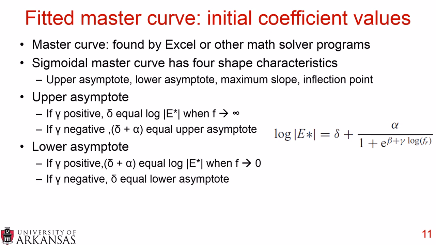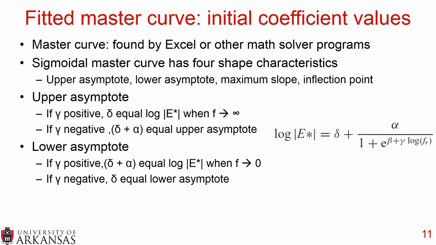Now taking a look at the lower asymptote, if gamma is positive, delta plus alpha equals the log of the dynamic modulus when the frequency goes to 0. However, if gamma is negative, delta equals the lower asymptote. So you can see some trends here with the upper and lower asymptote and how we can get some initial potential values for some of our coefficients.